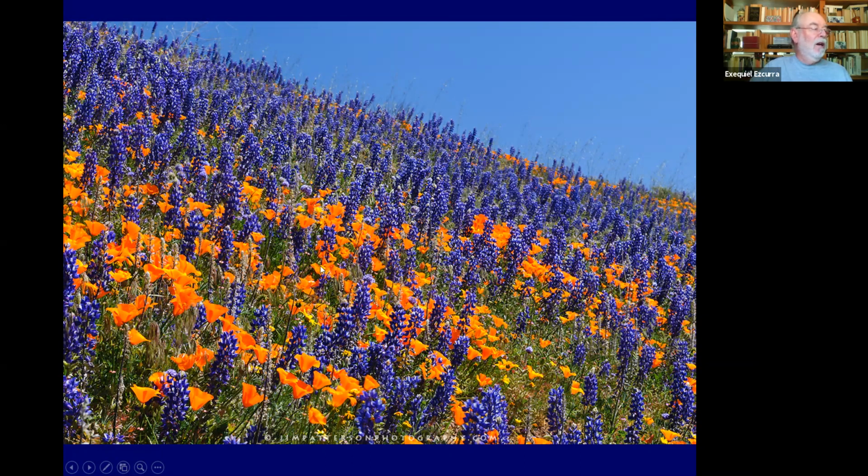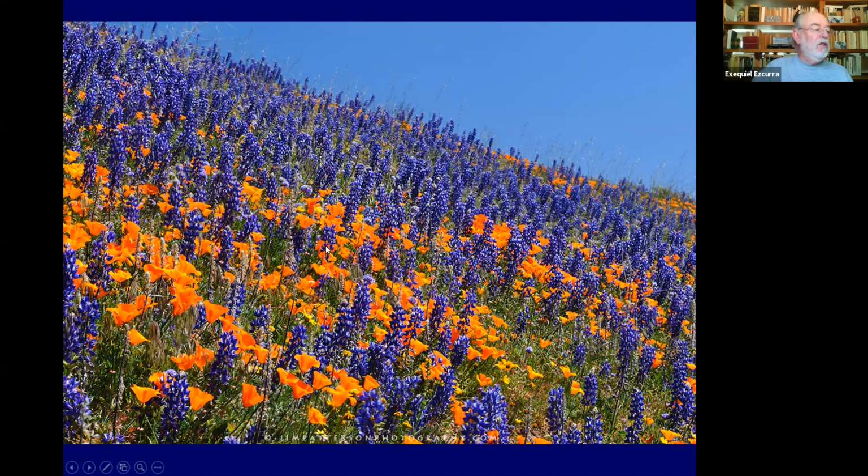One has orange flowers, and this is the California poppy, the official flower of the state. And the purple ones are the California lupine, also known as the arroyo lupine, which is very common around Riverside during wet, rainy springs.